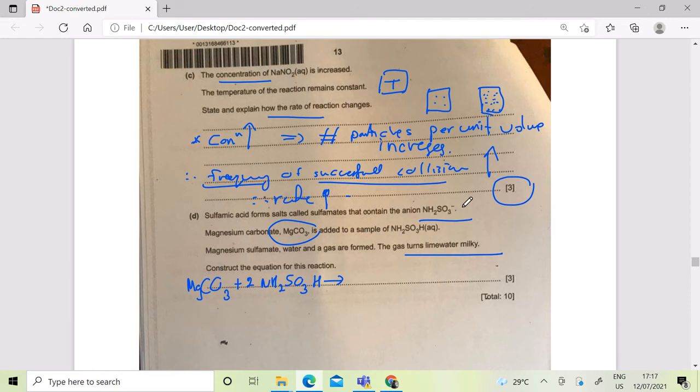The salt is given to you: the anion has a -1 charge, but magnesium is +2. Therefore this will be Mg(NH2SO3)2 plus water and CO2. You have 2 over here for balancing. So you get the carbon dioxide, water and the salt.